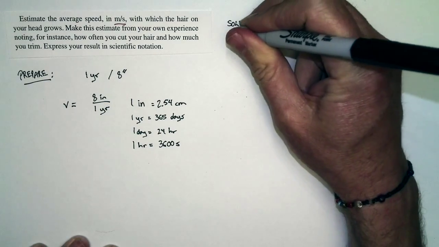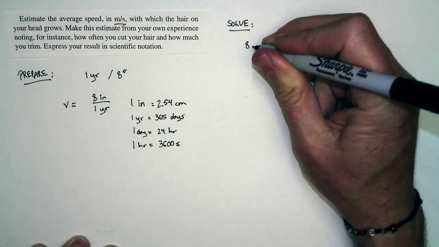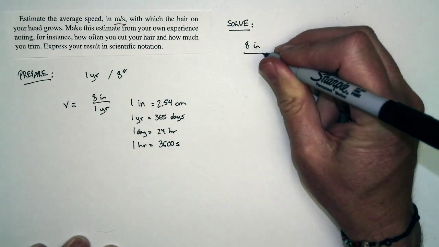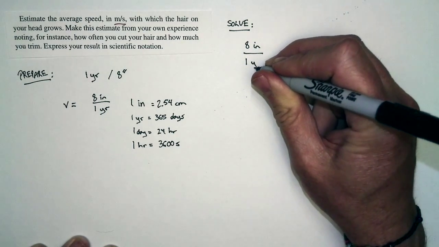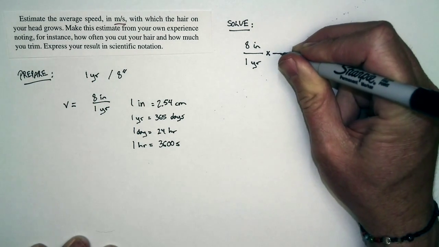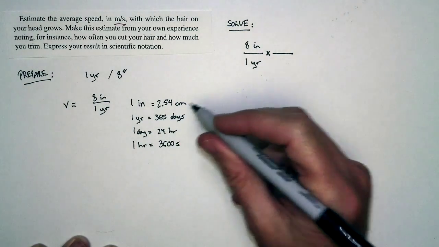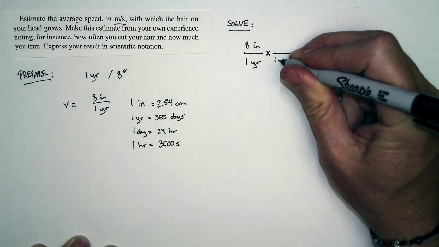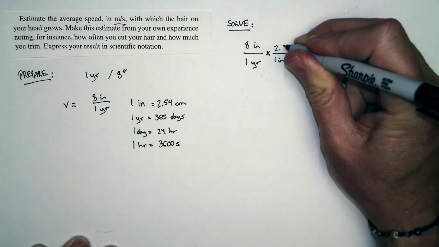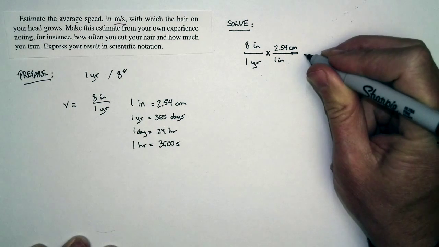Now, let's go ahead and do this. We're going to start with the number that we wrote down previously, 8 inches in 1 year. And then we multiply by successive factors, which are factors of 1. 1 inch is 2.54 centimeters. I want to cancel inches and end up with centimeters, so I'll multiply by 2.54 centimeters divided by 1 inch.